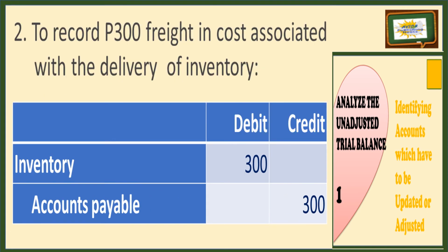Now, to record the cost of freight, which is associated with the delivery of inventory, it will be debit to inventory and credit to accounts payable. The cost of freight in is added to the cost of purchases or cost of inventory.